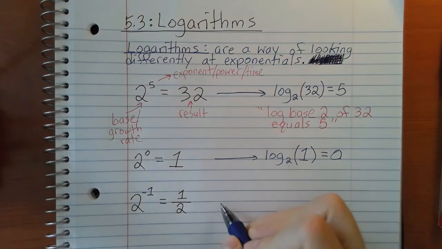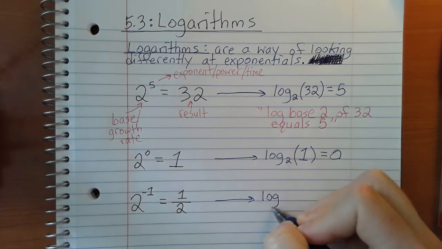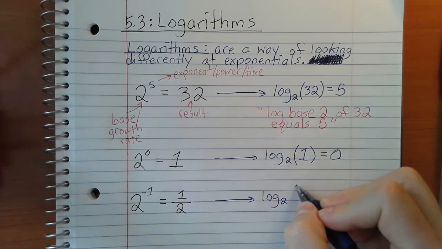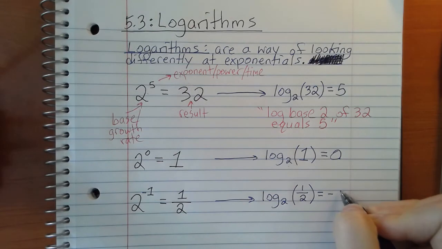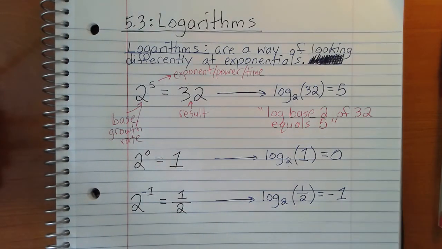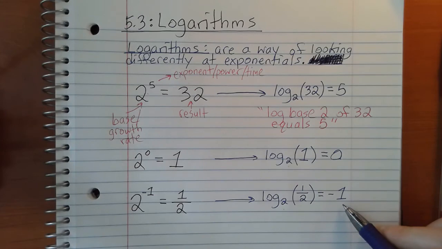And finally, our third one here, we could write as log base 2 of 1/2 equals -1. Now, if I think about this last one in terms of the water lily, if my growth rate is 2 and I'm half the size of what I'm supposed to be right now, that means I'm talking about 1 day ago, 1 day in the past.